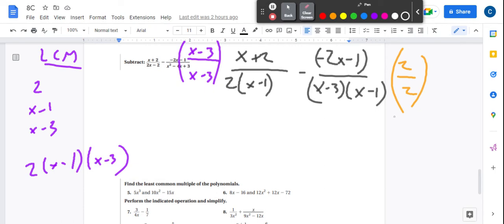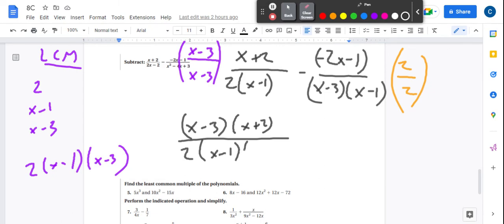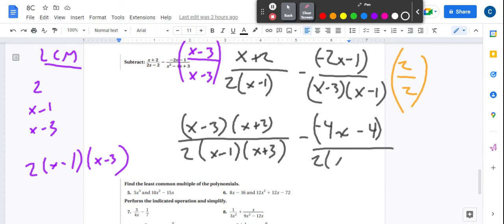So up top here, we have x minus 3 times x plus 2 over 2 times x minus 1 times x minus 3. Then we're going to subtract 2 going into that, so negative 4x minus 4 over 2 times x minus 1 times x minus 3.